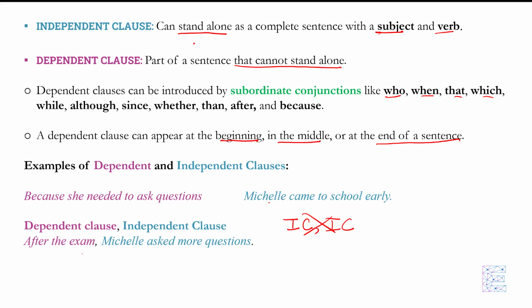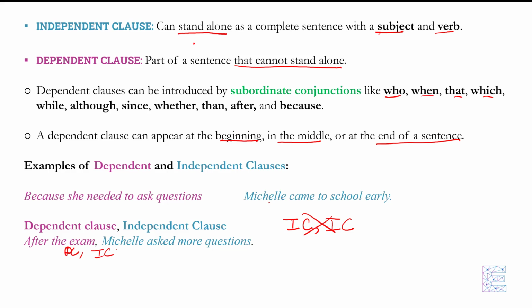It says, after the exam, Michelle asked more questions. After, again, is a subordinating conjunction. So we know that this part right here is dependent. So after the exam is a dependent clause. And the other piece, Michelle asked more questions, is an independent clause. Notice, a dependent clause, comma, independent clause, perfectly fine.